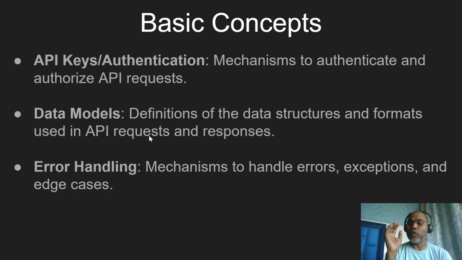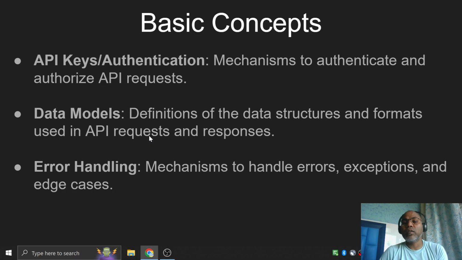Similarly, if your API requires authentication or authorization, clearly mention it, and the data format should be clear, along with error handling. So your response contains the success data model and the failure data model, so that the client is clear what kind of response it is receiving from the server.